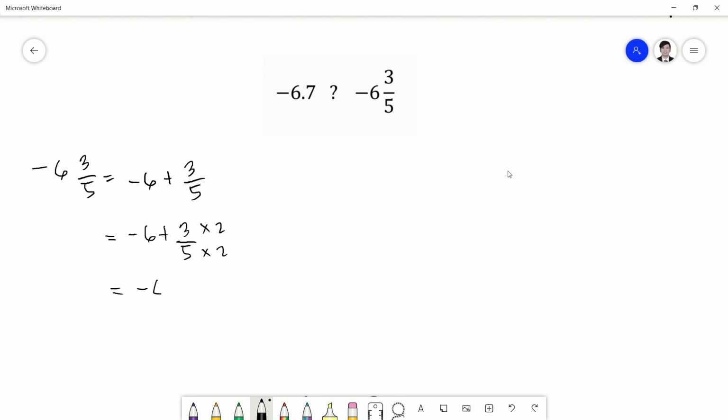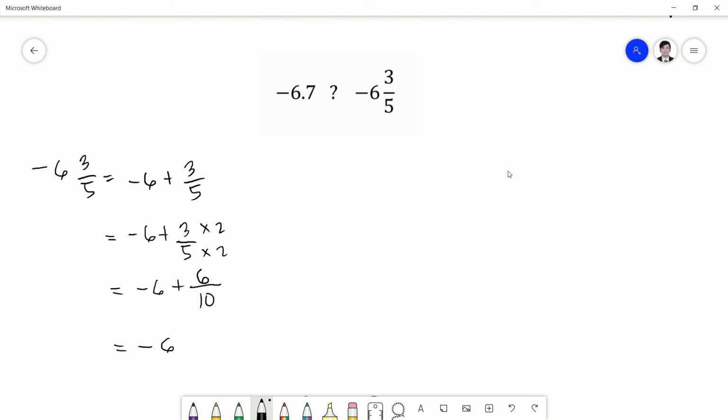Why are we multiplying by 2? Because if you multiply 5 by 2, you will get 10. 3 times 2 is 6. So this is already 6 tenths. That means the 6 is in the tenths place.